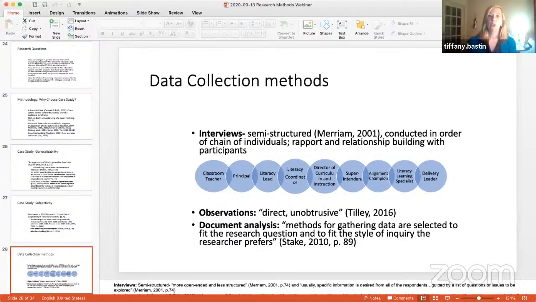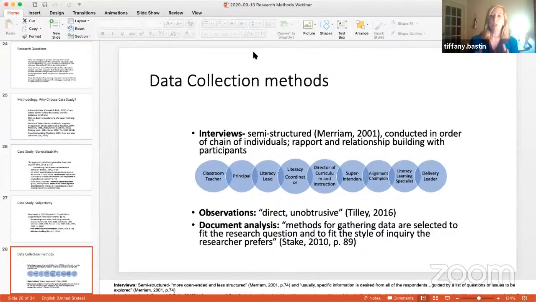So when I talked about the data collection methods and I talked about interviews, how they were done is they were semi-structured, which means there were a number of questions that I started out with because I needed to make sure I connected to my overall research questions. But during semi-structured, if you find the person you're interviewing starts to want to talk more about a particular area, you can allow that to happen because you want to see what's important to them and what information comes out of the interview.